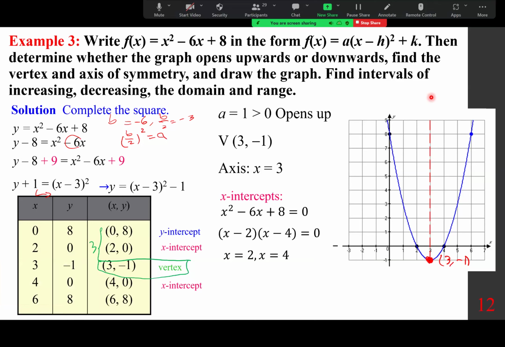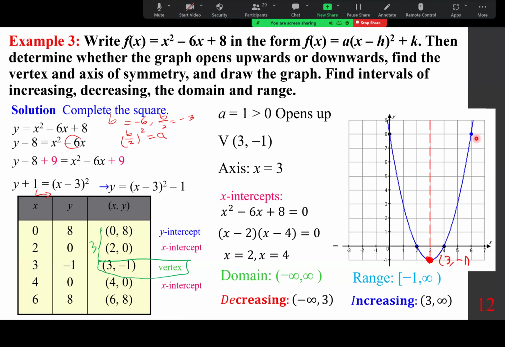The function is decreasing here. That means from negative infinity to 3, increasing here from 3 to infinity. The range from negative 1 to infinity, domain is negative infinity to infinity.